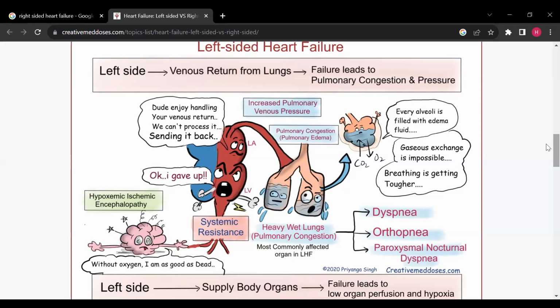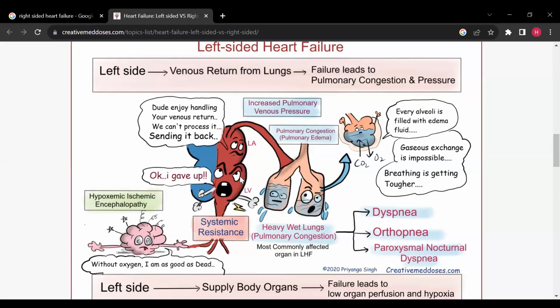So the first one, left-sided heart failure. Here there is reduced ejection, so that is a systolic failure. There is no contraction of the ventricles to eject blood to the aorta. Then you have the preserved ejection fraction, which is diastolic failure, so the ventricles cannot relax or fill properly.